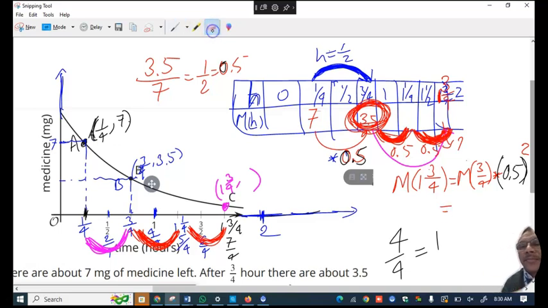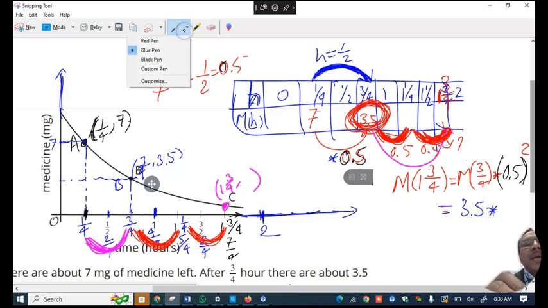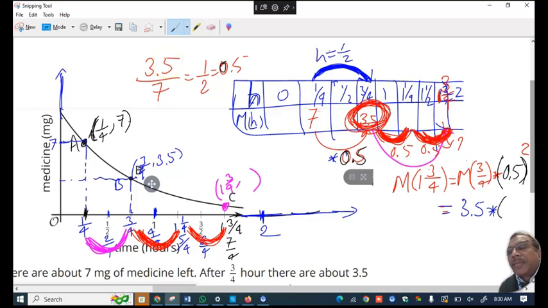Which is the same as m of 1 3/4, which is given to you, which you already know, it is 3.5 times, and the rest is just putting it on the calculator, 0.5 raised to 2.